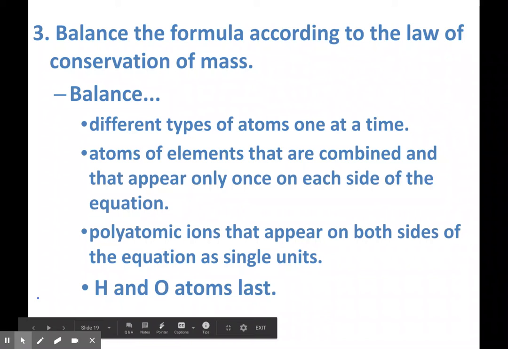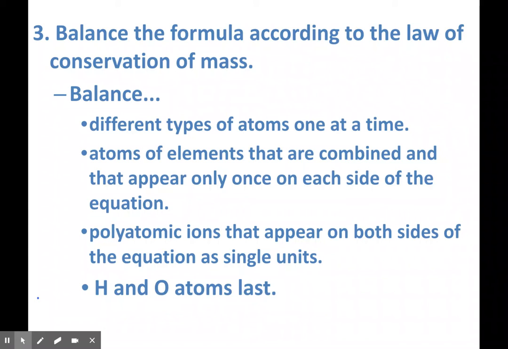We will be balancing the formula according to the law of conservation of mass, which means we have to have the same mass of all the substances on one side as the other, or the same amount of substances on each side. To do this, you're going to balance one substance at a time. And by balancing one substance at a time, it will change some of the others, and then you're going to kind of have to work back and forth like a puzzle.